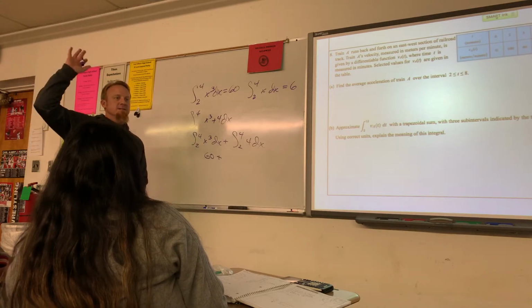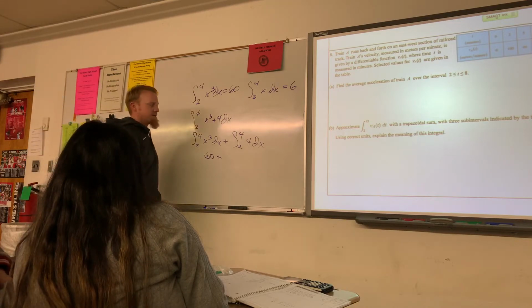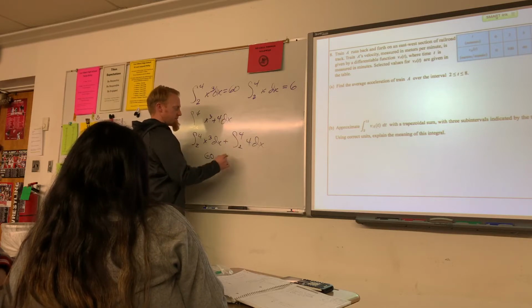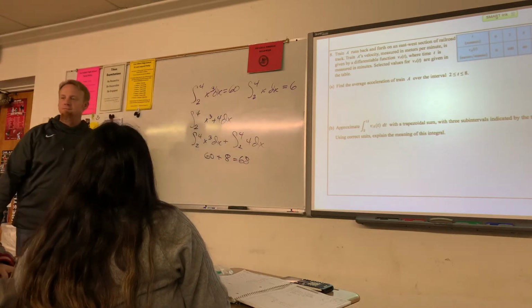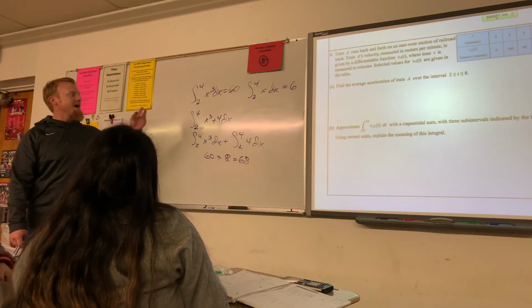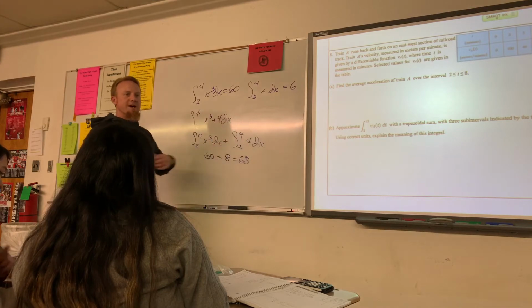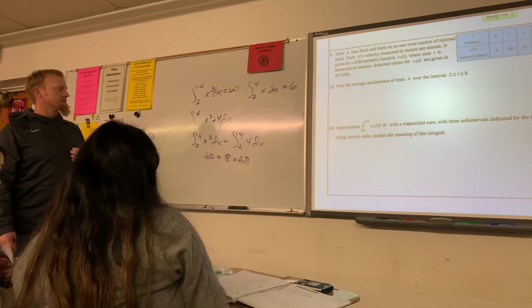Anybody help her? Zach? 4. No. Abby? You multiply the 4 by the amount between. Right. How far is it between here and here? 2 times 4 gives me 8. So 68. That's why I don't even know why they put that third one up there. You don't even need it, because you can do it without. Say it was 4 to 4, maybe a 0.